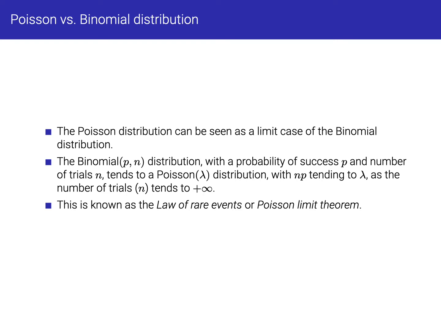So again, if I fix N times P, number of trials times probability of success, but I increase the number of trials, I'm going to have a binomial distribution that is going to tend to the Poisson distribution. So this is known as the law of rare events, also known as the Poisson limit theorem. So we're going to see an illustration of that graphically.